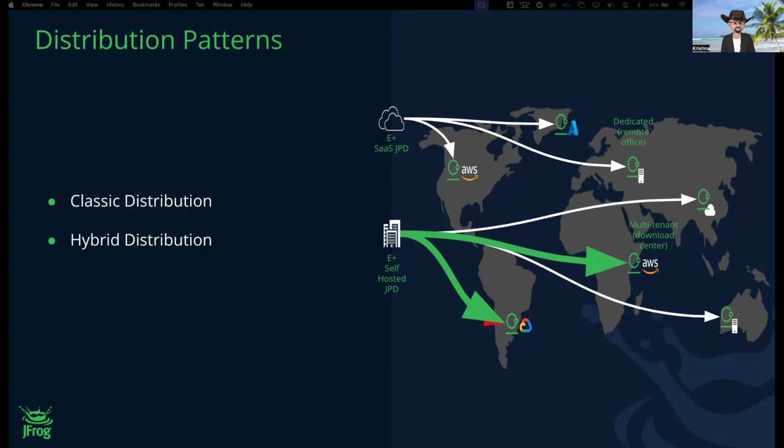Hybrid distribution is suitable for complex organizations with multiple distribution points and dynamic requirements, providing redundancy and resiliency by leveraging both central and decentralized control access. Both the classic and hybrid distribution patterns benefit from the key features of JFrog: security, reliability, and efficiency.